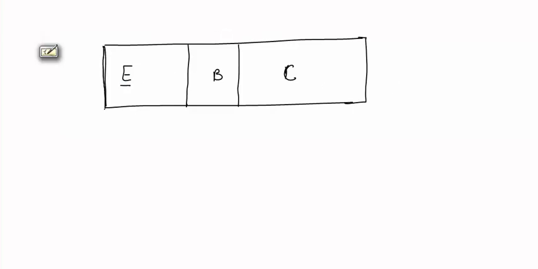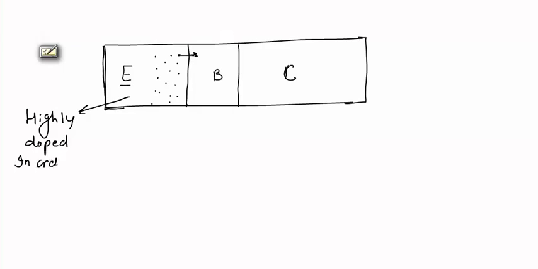First, we want to inject the majority charge carriers that are electrons from emitter region to base region. So emitter region is highly doped in order to inject more number of charge carriers.